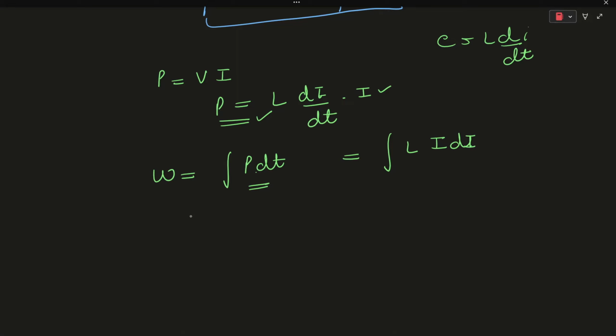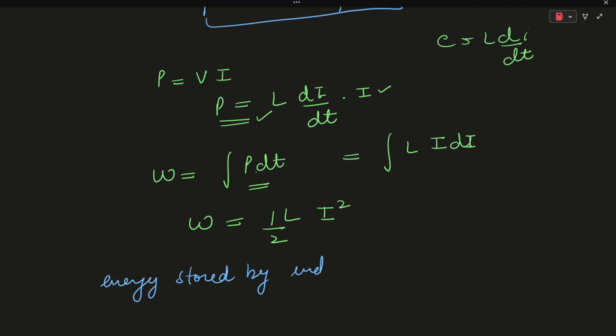So W will be equal to L, which is common, times 1 by 2 I square. The energy stored by an inductor is given by W equal to half L I square.